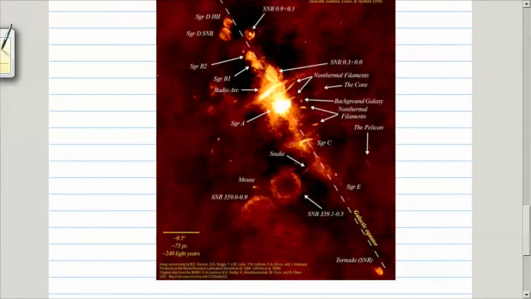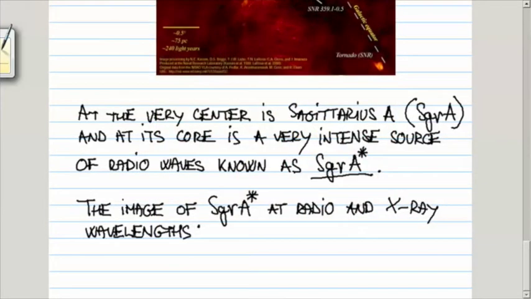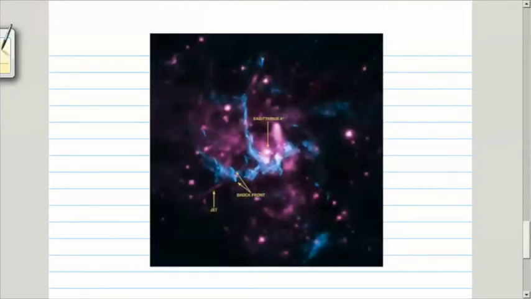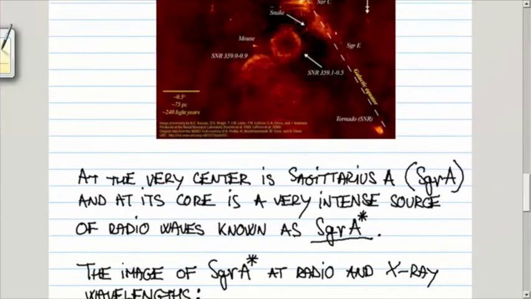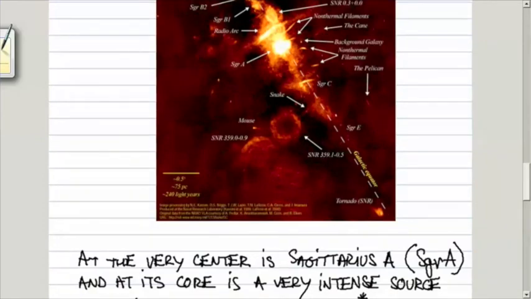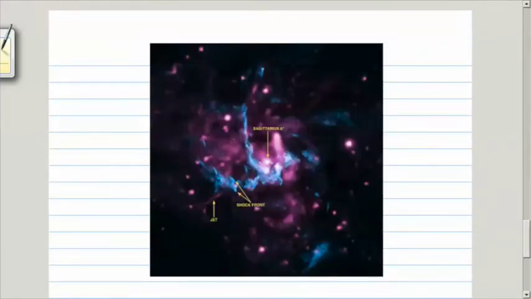Okay, so when we take a close-up of this central part, both at radio wavelengths and X-ray wavelengths, we get the following image. Okay, so I'll open another page so I can fit it in. And here it is. So when we take a close-up of this SGR A region and look at its core, this is what we find.